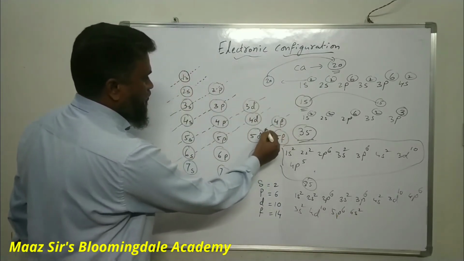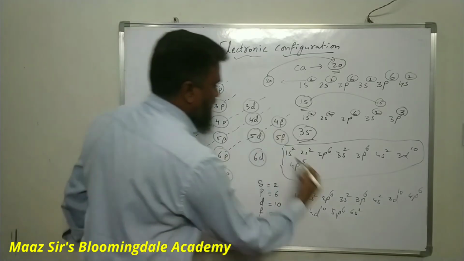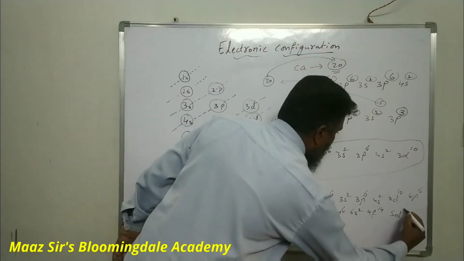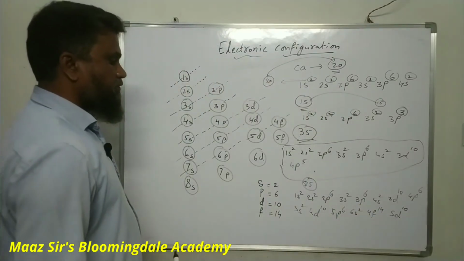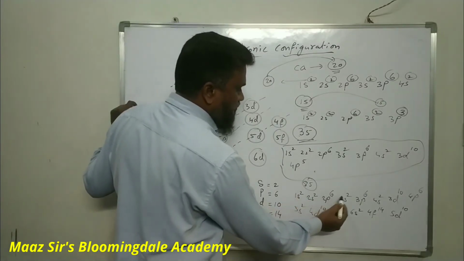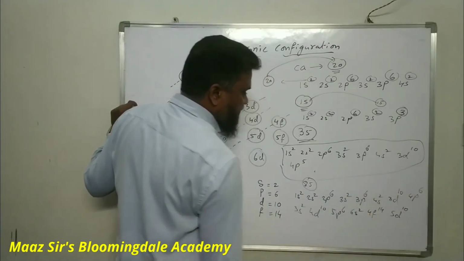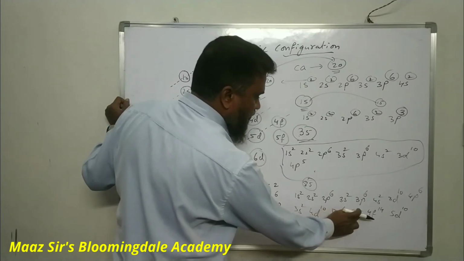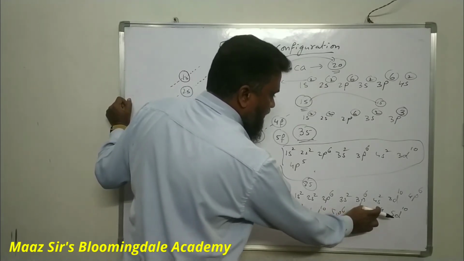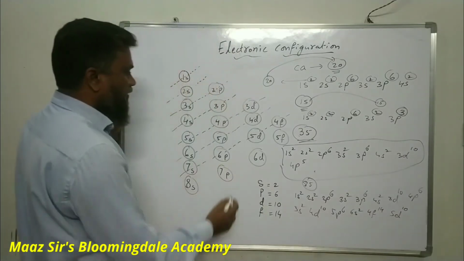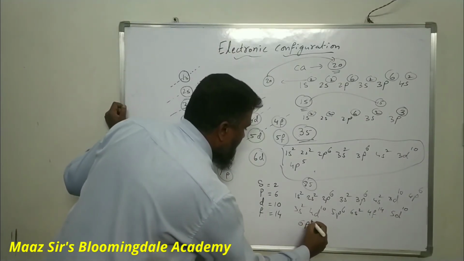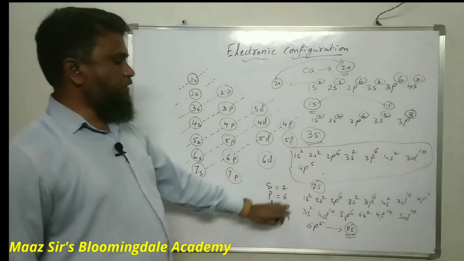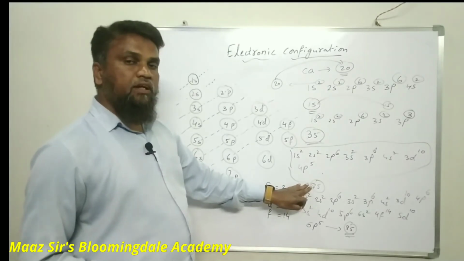Next 4f14, 5d10. Now let us count whether it is sufficient or not. So 2 plus 2, 4, 10, 20, 30, 40, 46, 48, 50, 60, 70, 80. After 5d, 6p5. So now you are getting 85. So this is the electronic configuration of atomic number 85.